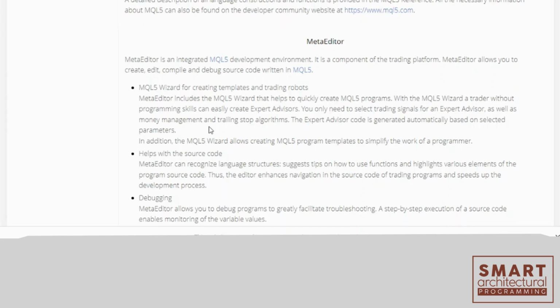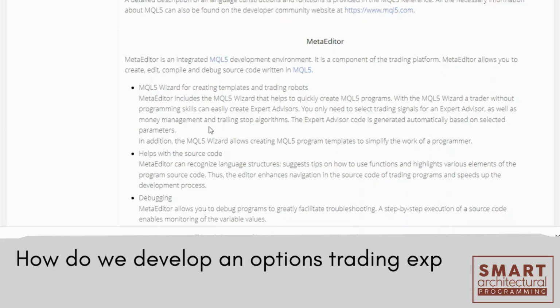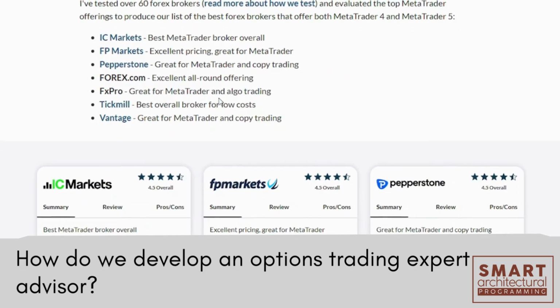All of that leads us to our next question: how do we develop an options trading expert advisor? Again, at this point, you need to remember something very important here.